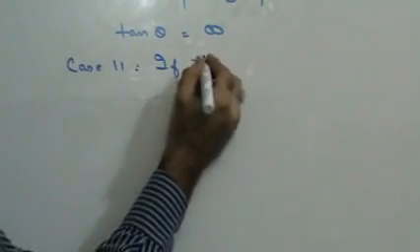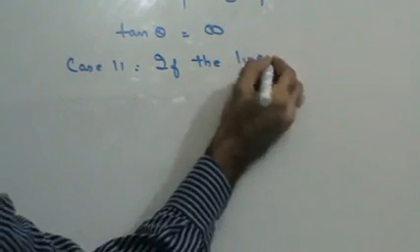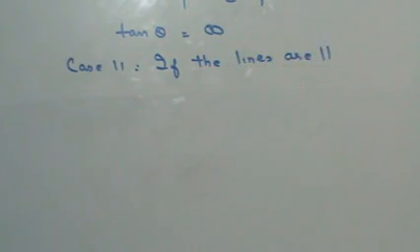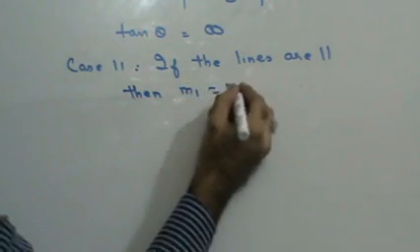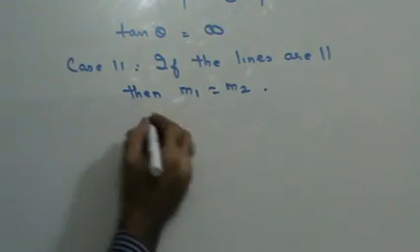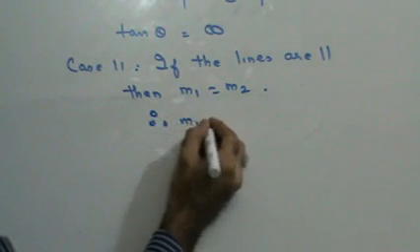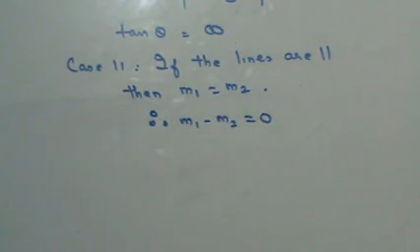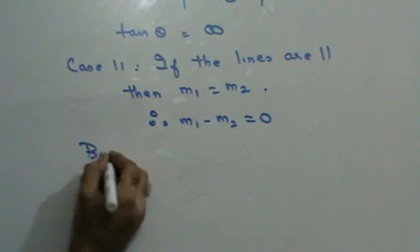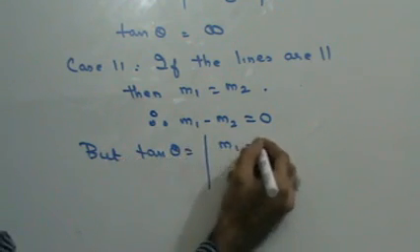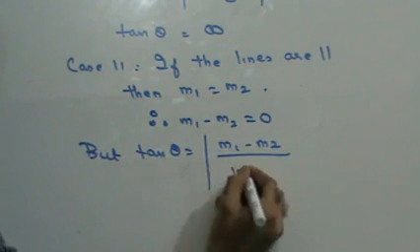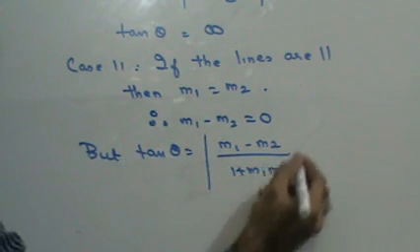Next, case 2. If the lines are parallel to each other, then m1 will be equal to m2. Therefore, I could say that m1 minus m2 is equal to 0, but tan theta is modulus of m1 minus m2 upon 1 plus m1 m2.